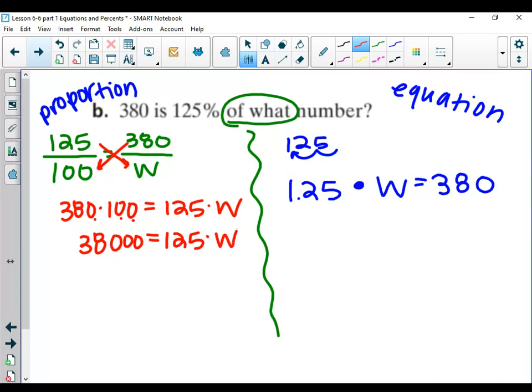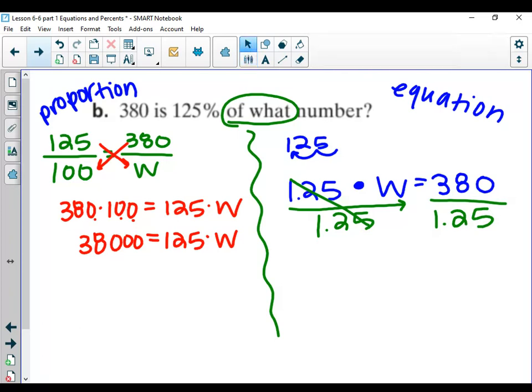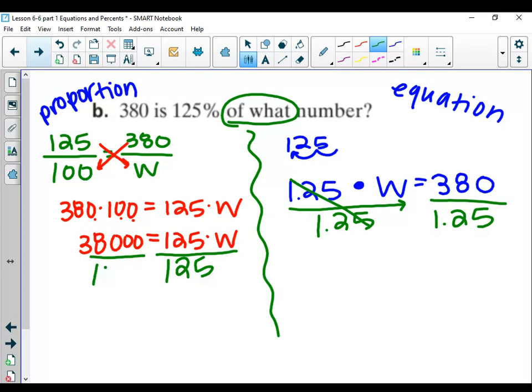That's my first step in a proportion. In an equation, I'm supposed to do 1.25 times W, except I can't, so I'm going to have to divide on both sides. Oh, hey, look! I'm going to have to divide over here, too.